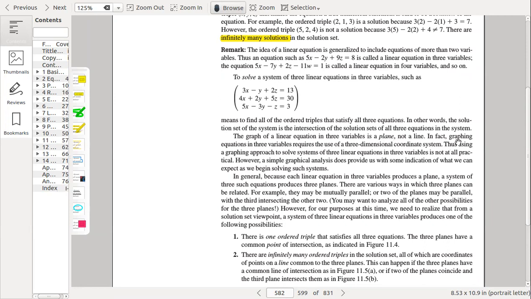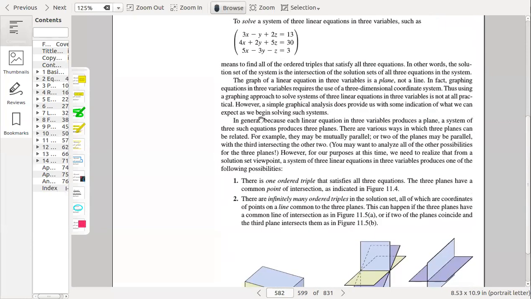In fact, graphing equations in three variables requires the use of a three-dimensional coordinate system. Thus, using a graphing approach to solve systems of three linear equations in three variables is not at all practical. However, a simple graphical analysis does provide us with some indications of what we can expect as we begin solving such systems.